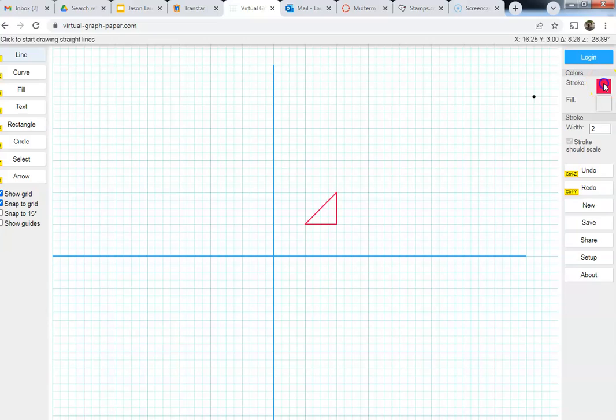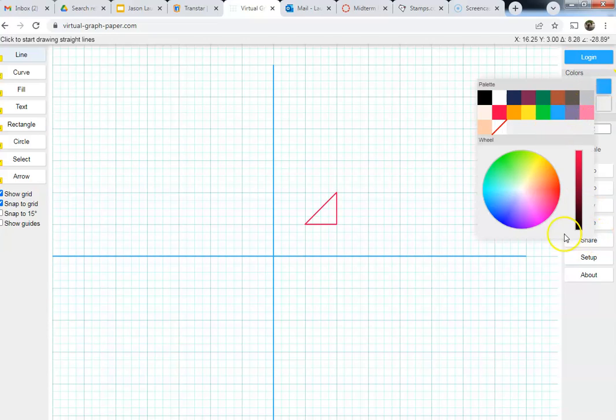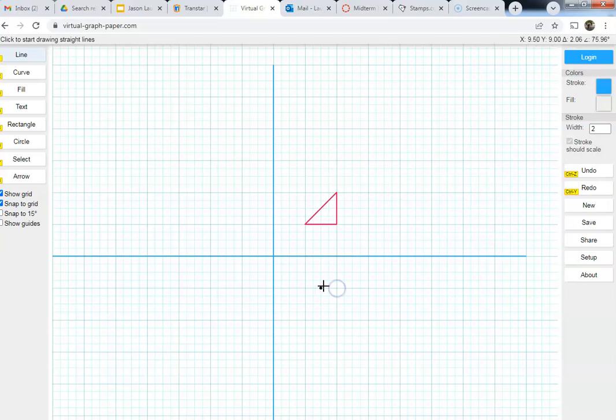Let's grab a different color here for our reflection, and let's go. We're reflecting across here. Okay, so if we're reflecting across this line, we're pretending that this x-axis is a mirror. So if we're looking across here, this line is 1, 2, 3, 4 away. So we're going to draw our same line 4 away on this side.